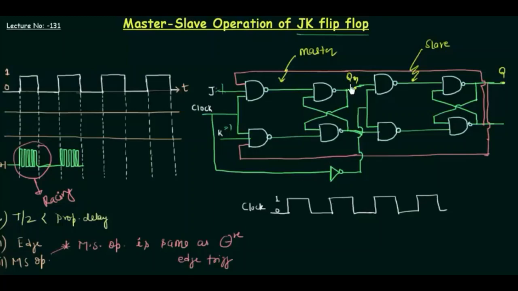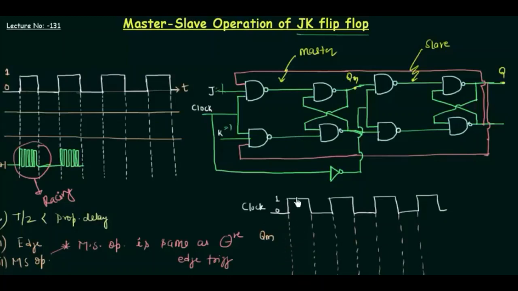Now we will see what is the value of QM for this. So this is my QM. I will extend this line so that we can plot our outputs in a correct manner. Okay, this much will work. Now we will plot QM.